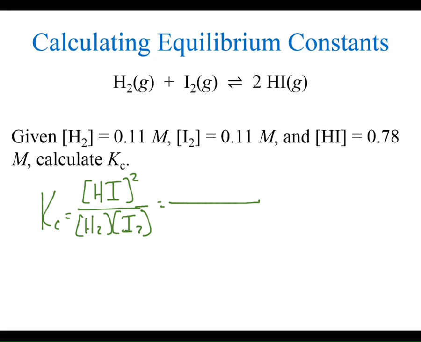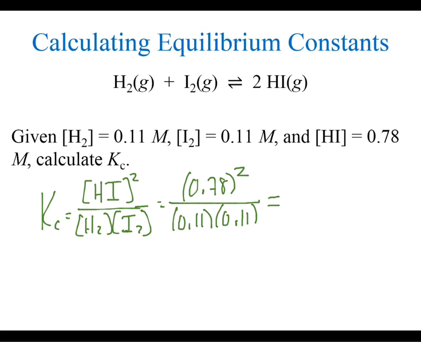So the value for HI was 0.78. You can use square brackets or parentheses or whatever you want for this part. But it's a molarity, and it's squared, right? So don't forget the 2, because it was squared, over concentration of 0.11 times 0.11, because they're both the same. So we plug those into our calculator. Looks like they're going to be 2 sig figs.